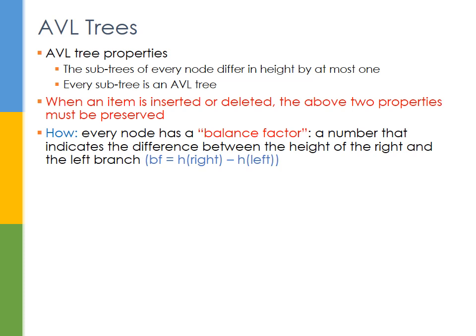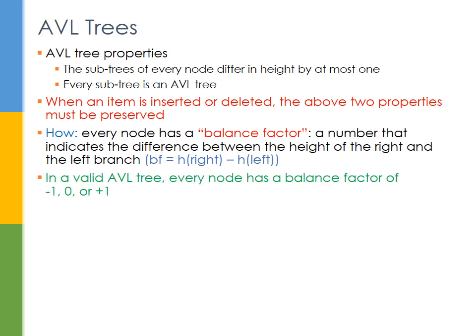This is simply a number that indicates the difference between the height of the right and the left branch of that particular node. In other words, the balance factor is the height of the right subtree for our node, from which we subtract the height of the left subtree.